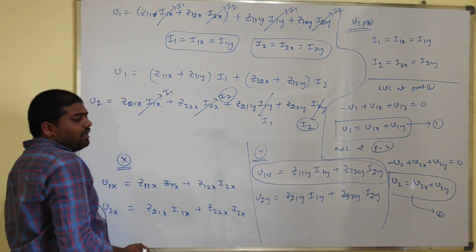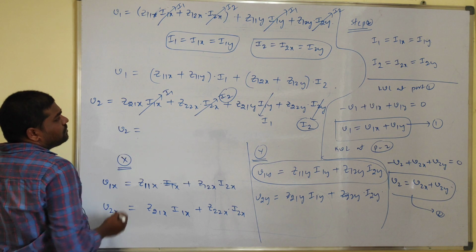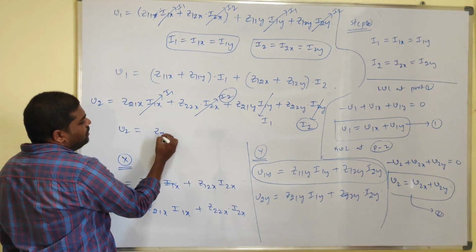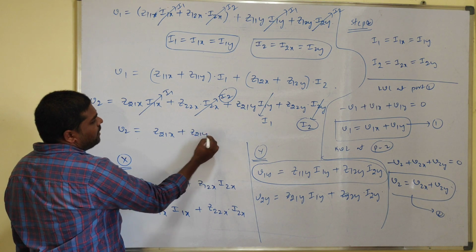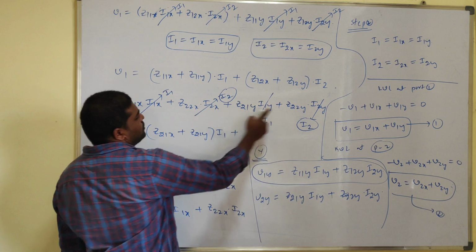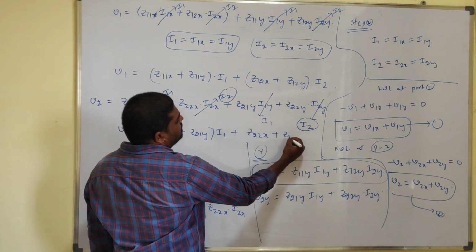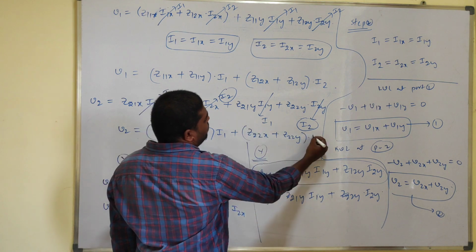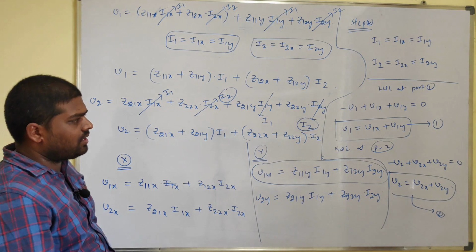So now V2 equals Z21x plus Z21y into I1, plus Z22x plus Z22y into I2. So this is the second expression for series interconnection of two-port networks.